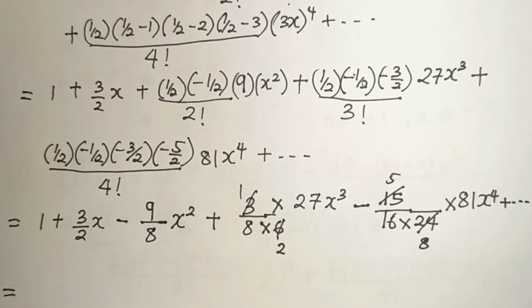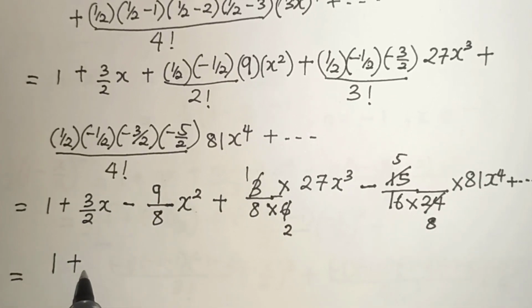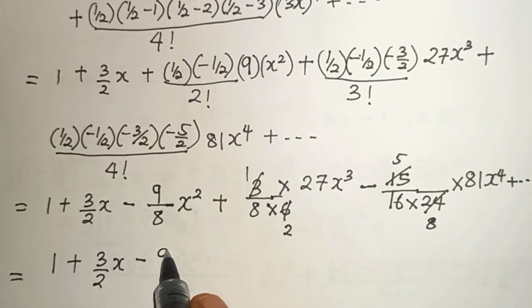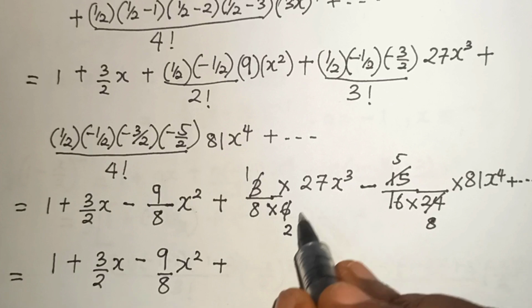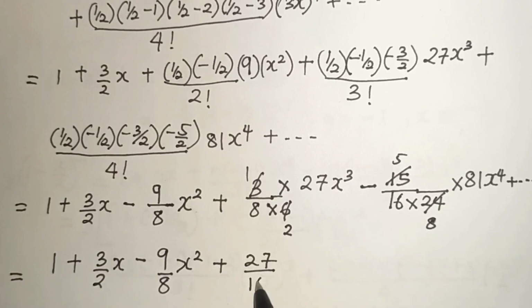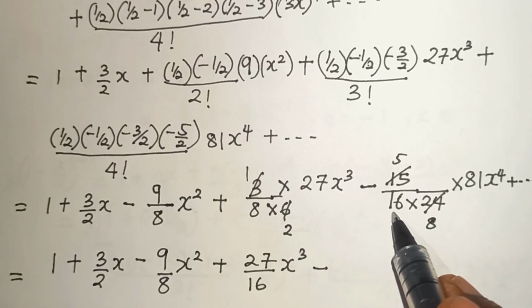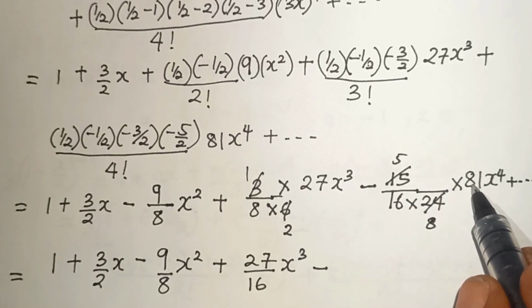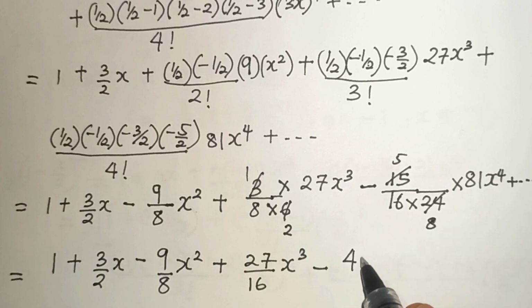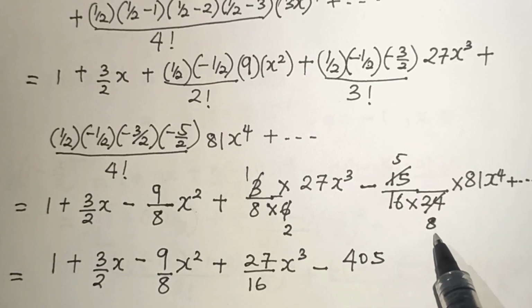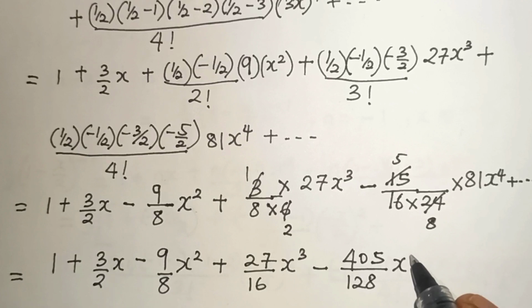So we'll be left with 1 plus 3 over 2x minus 9 over 8 x squared plus 27 over 16, 8 by 2, 16 x cubed minus here 5 times 81 will be equal to 405. 16 times 8 is 128. x to the power 4.